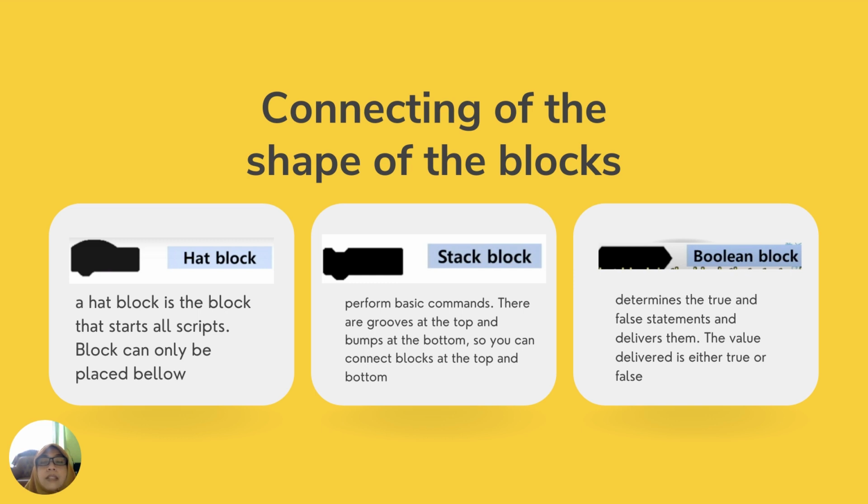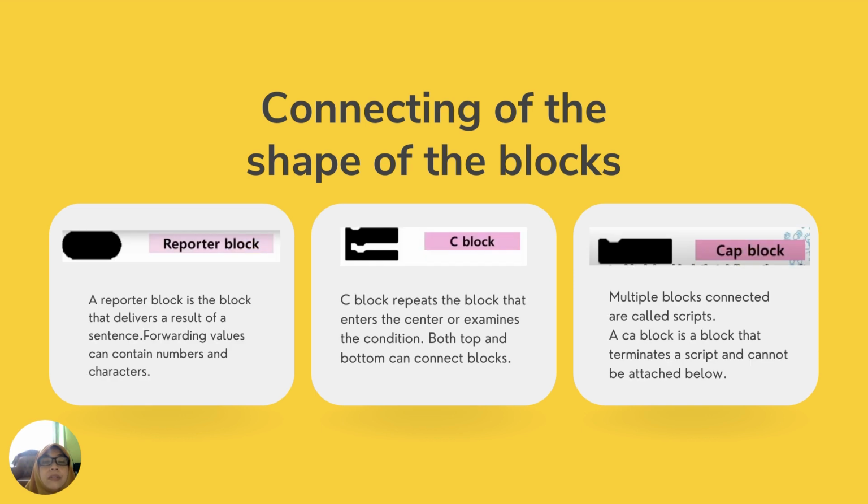Next is Boolean block. It determines true and false statements and delivers them. The value delivered is either true or false. And the next is reporter block. A reporter block is a block that delivers the result of a sentence.